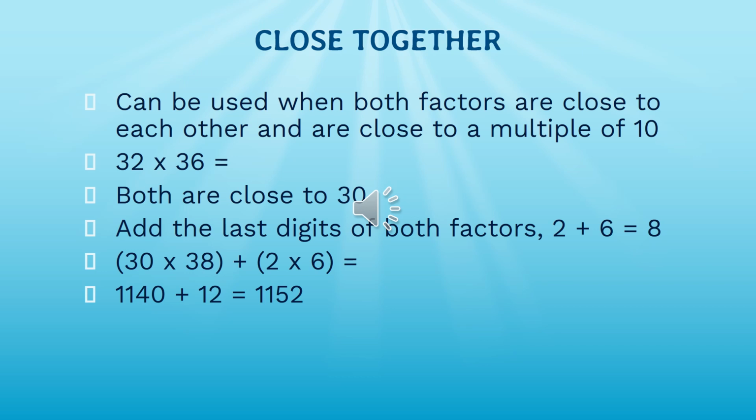That's 30 and 38, and then add the product of the last digits, which are 2 and 6. So 30 and 38 gives me 1140, and 2 times 6 is 12. Adding 1140 and 12, that's equal to 1152.